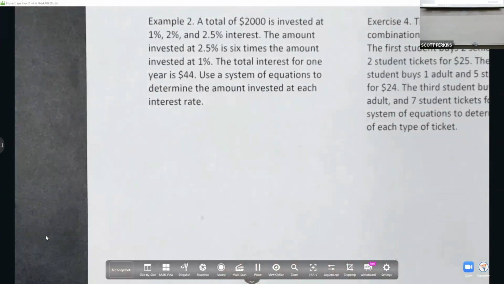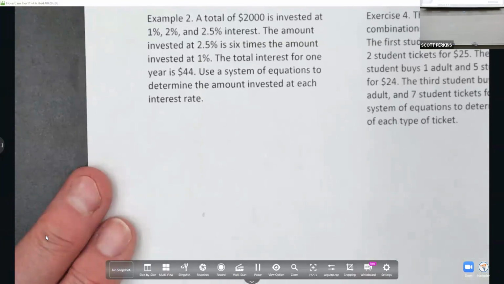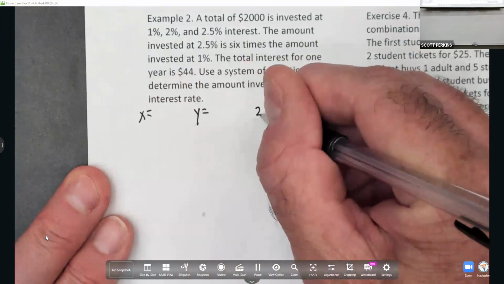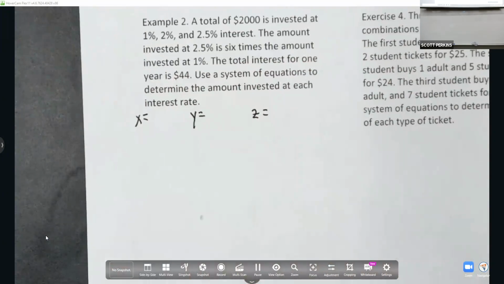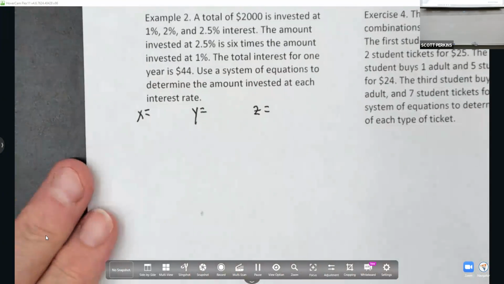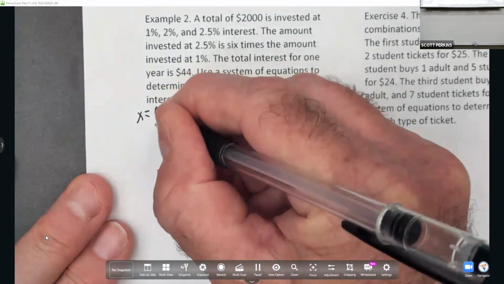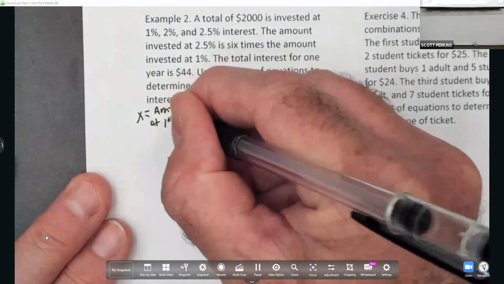Okay. So the key to any word problem is first to make sure you know what you're calling all your variables so that you don't get messed up and cross things over. So I'm just going to use the letters X and Y and Z. You can use any letters you want, doesn't matter at all. I'm going to let X be the amount that's invested at 1%.